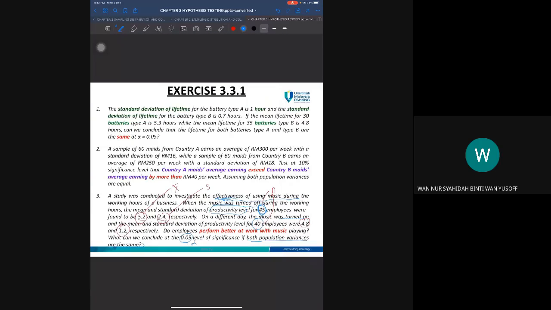Okay, so the keyword is, do employees perform better at work with the music playing? So we know that we have the quantitative data, the productivity level. So the parameter that we can use here will be either mu or sigma. So why here we have mu? That one you have to understand.